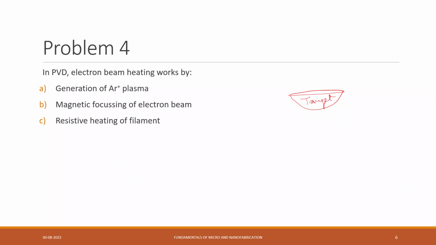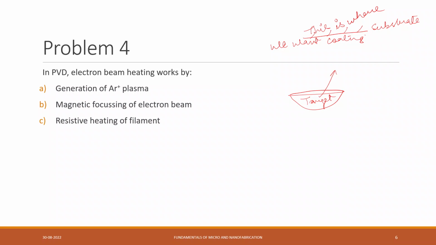We heat the target such that it can release and sit on the substrate where we want it coated. On this surface, we want coating. What is PVD?